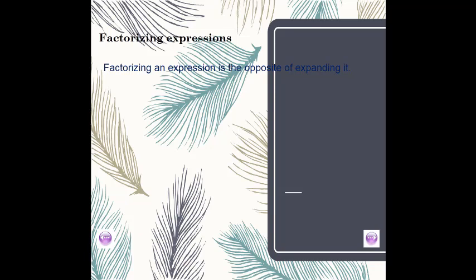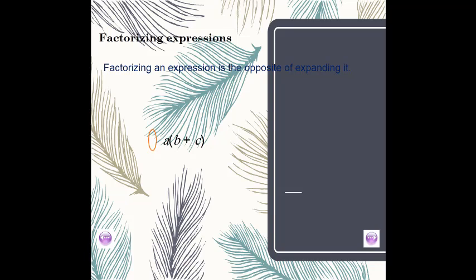When we expand an expression, we are multiplying the HCF with the terms of a bracket. So today we are going to do the opposite. How can we take out the HCF and write it in this form? By using the prime factors method.